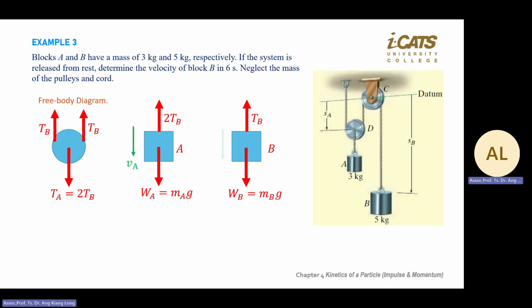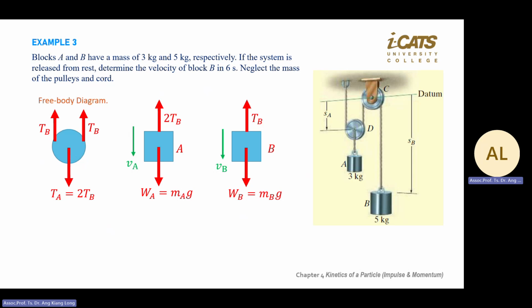Okay. Here I put in the kinetic diagram. I put in the expected velocity direction. So here, why do I put go down positive? This is a pulley question.